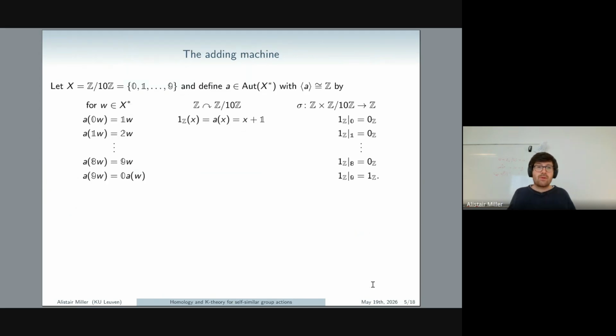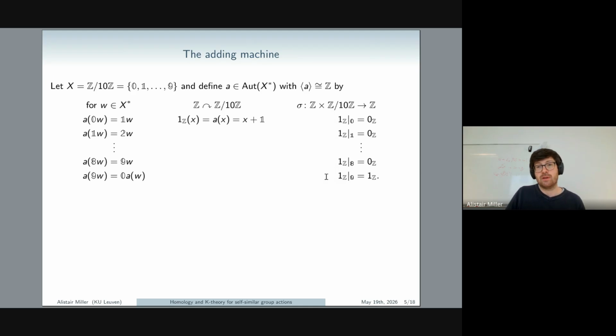So the most basic example is sometimes called the odometer or the adding machine. This is where I've got decimal digits, and I've got an action of the integers on the decimal digits just by adding 1 mod 10. But it gets interesting at the cocycle, because what the cocycle is going to do is carry the 1.